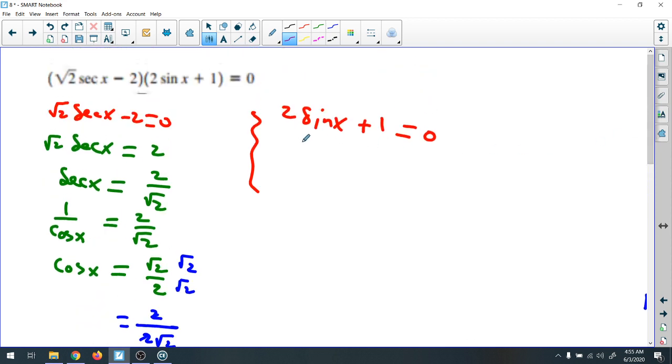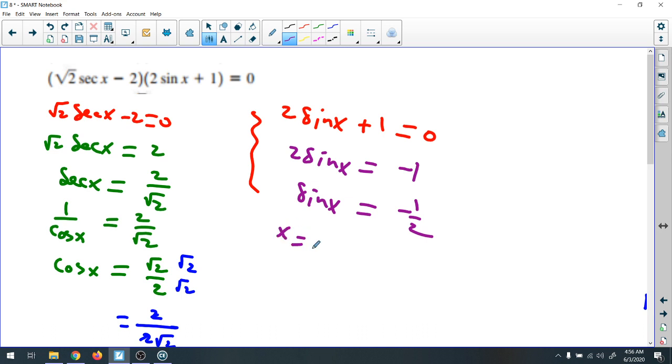Okay. The second term will be a little bit easier. We have 2 sine x plus 1 equals 0. So subtract 1. So 2 sine equals negative 1. And then you're going to divide by 2. Sine equals negative a half. Good.